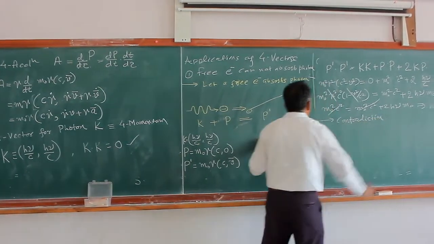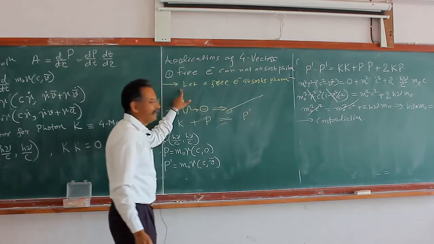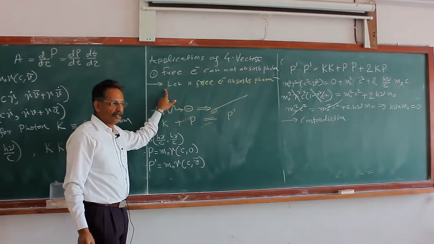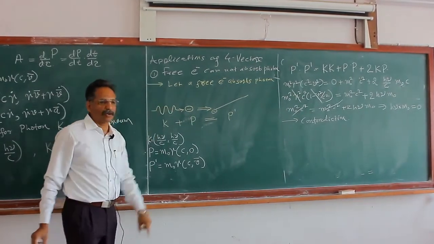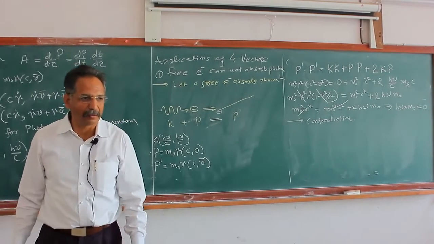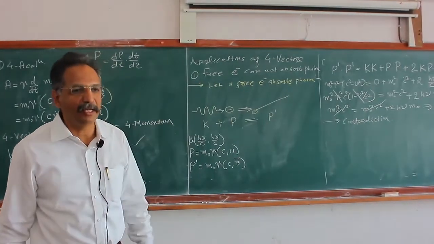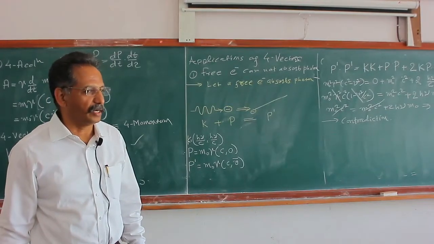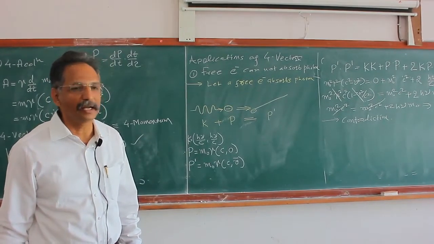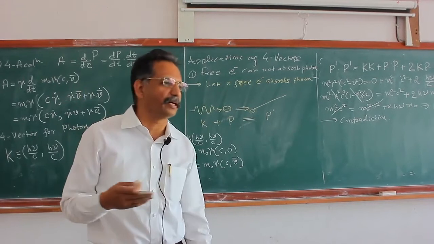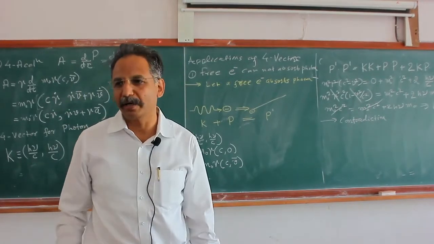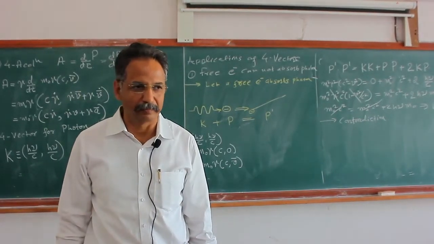We have arrived at contradiction because we have a wrong assumption that a free electron absorbs photon. So this is not feasible. That is why we landed with a contradiction. So it means that 4 vector proves that a free electron cannot absorb a photon.